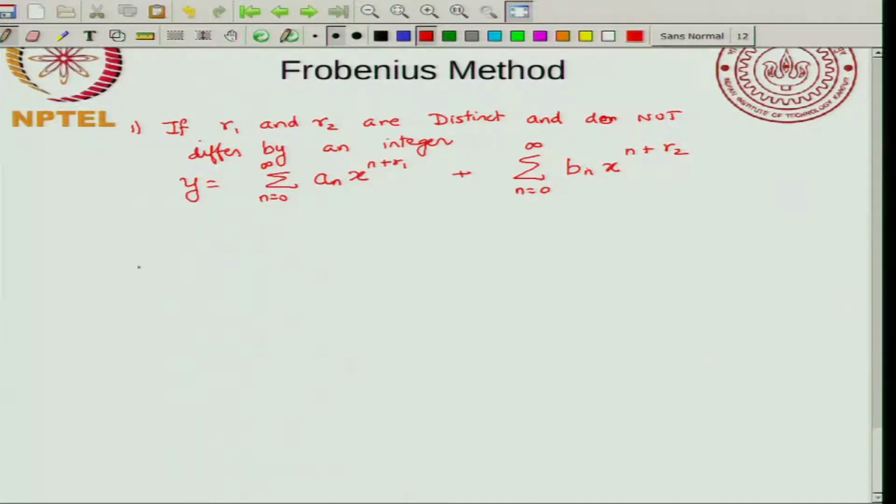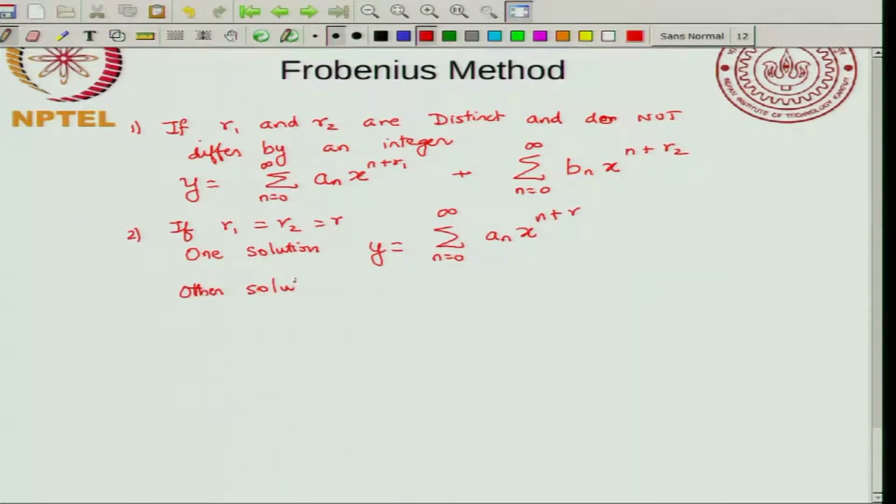If r1 = r2 = r, then write one solution y = sum over n = 0 to infinity of a_n x^(n + r), and the other solution by variation of parameters.